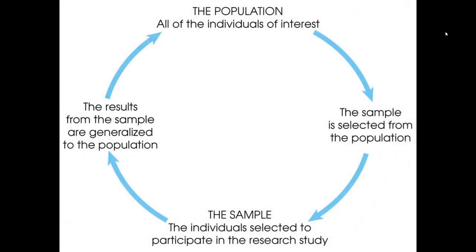From the population, all of the individuals of interest, to the sample selected from the population, to the individuals selected to participate in the research study, the result from the sample is generalized to the population. It is a cycle which keeps on repeating.